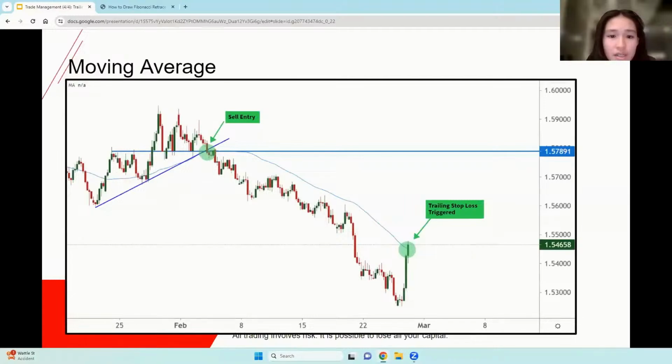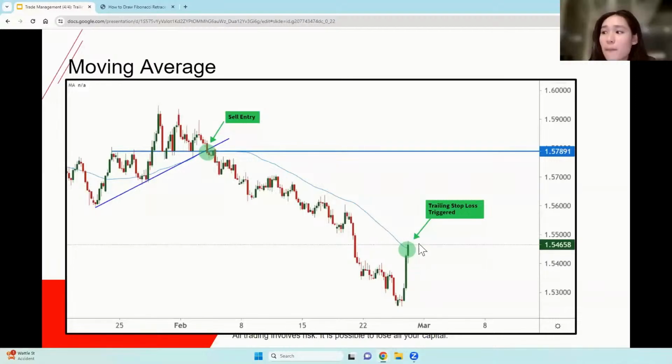So you can see here, price has continued to drop. Okay, and price is moving below our moving average, which is typically a bearish signal. If price moves below your moving average, it's typically a bearish signal.